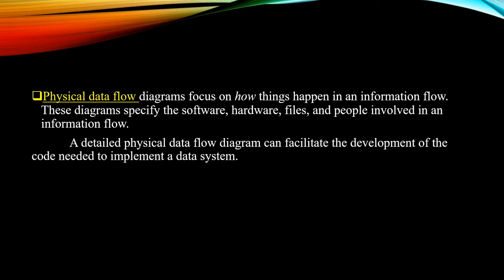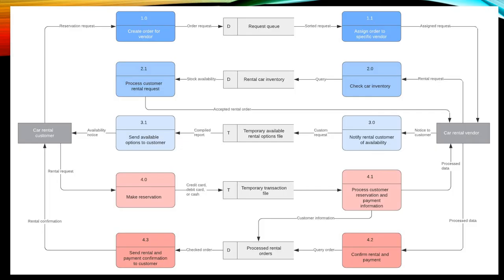Or we can say that a physical data flow diagram depends on the technical aspects, such as the software, the hardware, and the files that are involved for the flowing of information in a system. This is an example of a physical data flow diagram.